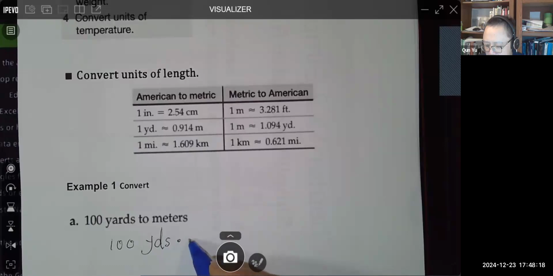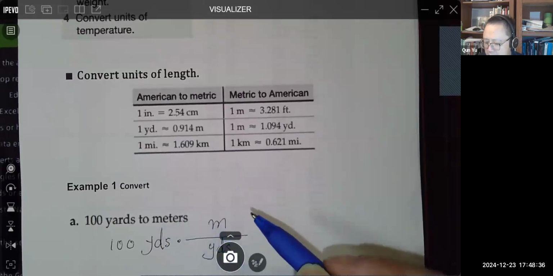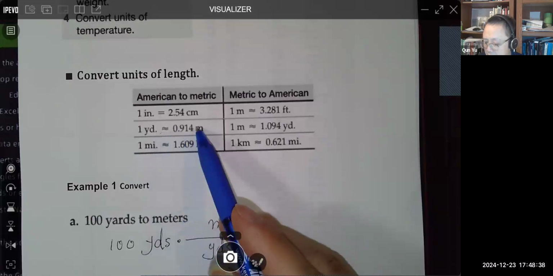Then I multiply it by a fraction in which I need to cancel the given unit. That's why I have an identical unit on the bottom. On the other side of this bar, the counterpart unit, we need the unit we want to have, which is meter. Now all we need is to plug in either this or that.